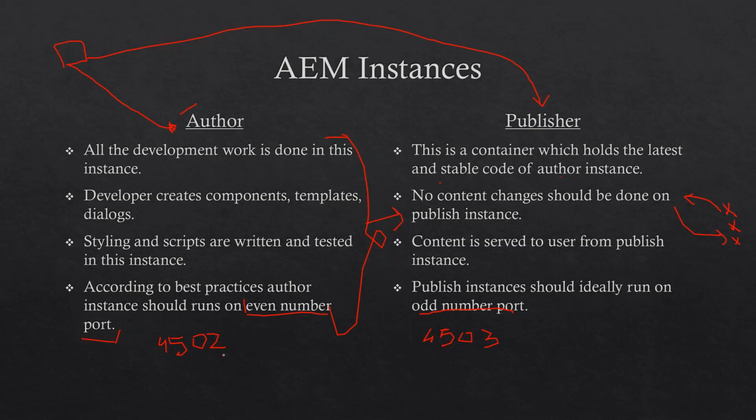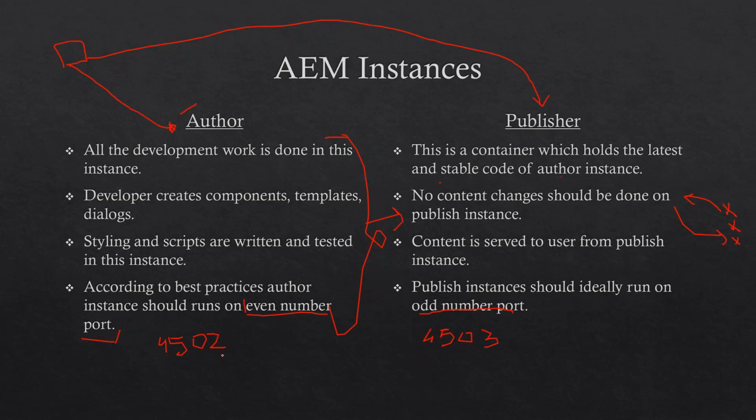But as per other standards followed inside the industry, author should be running on an even port number. Somebody else will come, and it will be a confusing scenario for that person. Again, there is no hard and fast rule, but it has just become the standard.